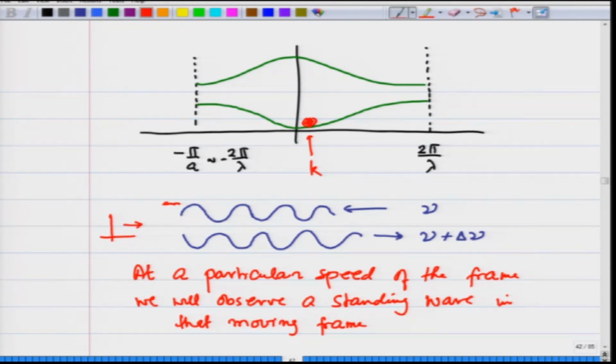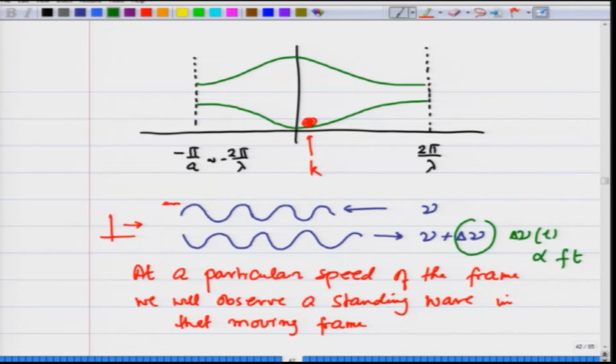Now, suppose I make this delta nu time dependent linearly, suppose this is some f t, f being a constant, then the frame would have to keep moving faster and faster with time. In other words, it will have to keep increasing its speed or accelerate with time in order to see this standing wave.